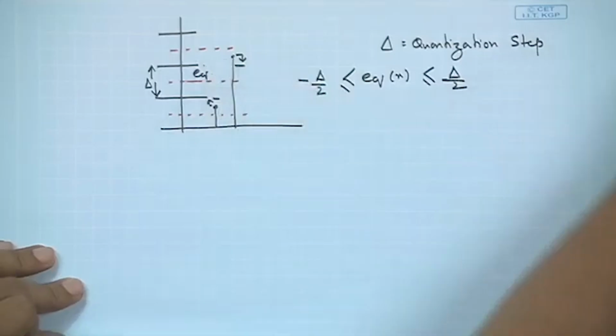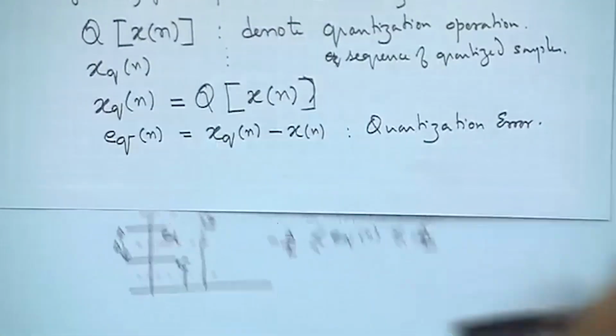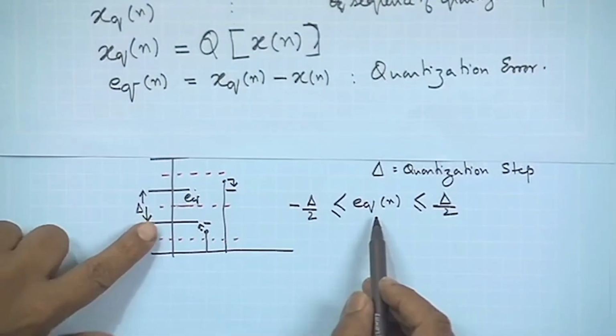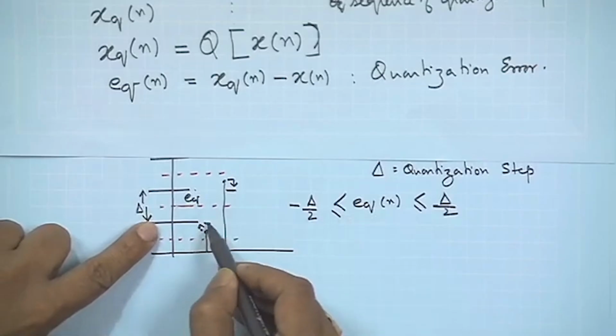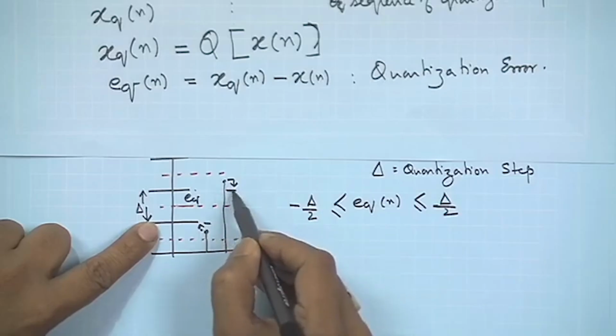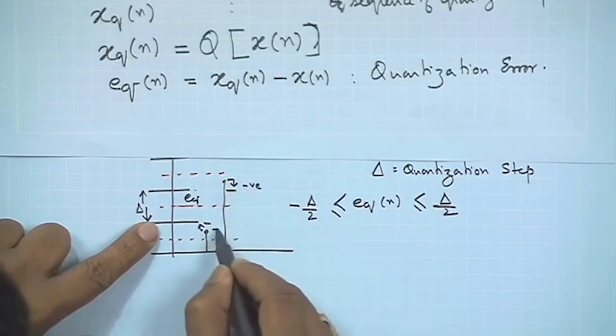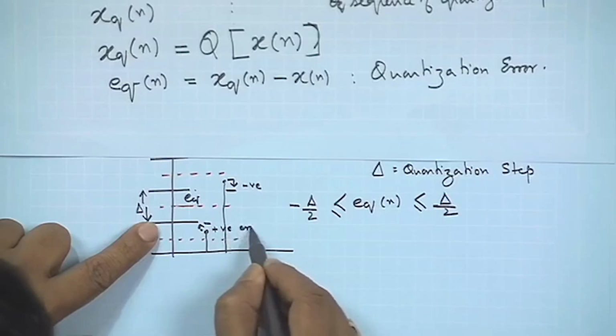Going by our definition, quantization error is x_q[n] minus x[n]. So, you can clearly see that when x_q[n] is converted to this and x[n] is here, you have a positive value of the error, and when x_q[n] is here and x[n] is there, you have a negative value of the error. So, this is the negative and this is the positive error.